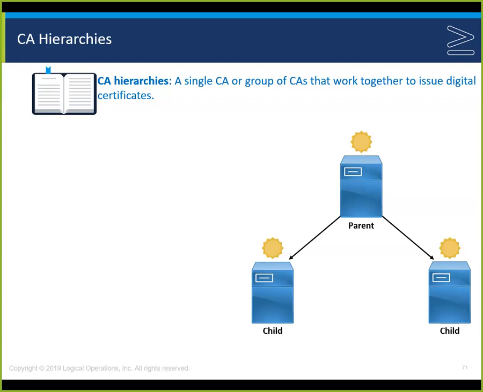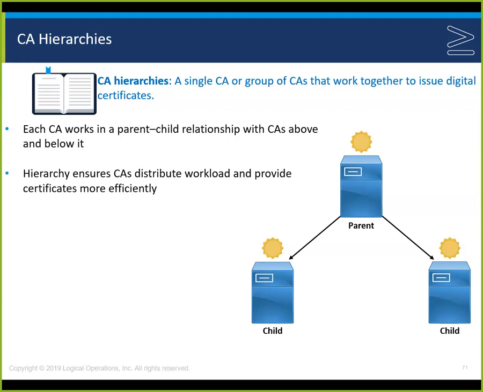In all these processes, the top level is going to sign certificates for the next level down, and they can then use that authority to issue certificates. It works in a parent-child relationship with the certificate authorities above and below it, ensures that the CAs distribute the workload and provide certificates more efficiently.